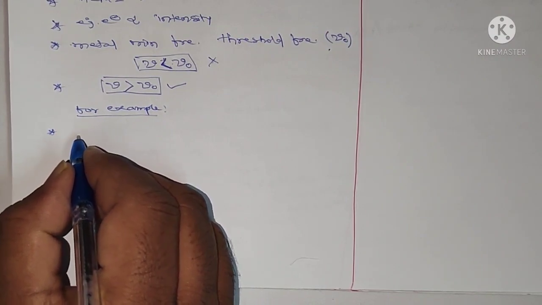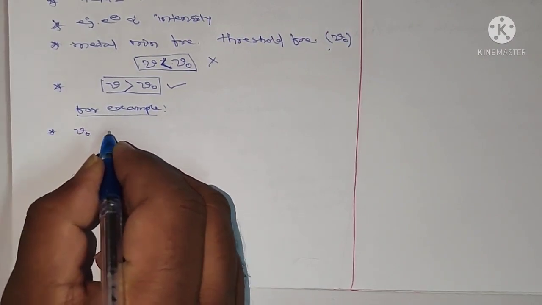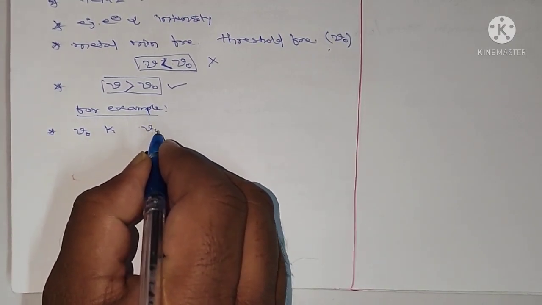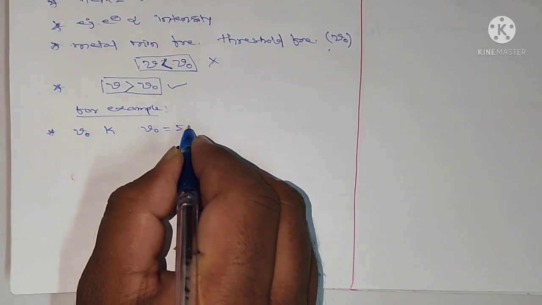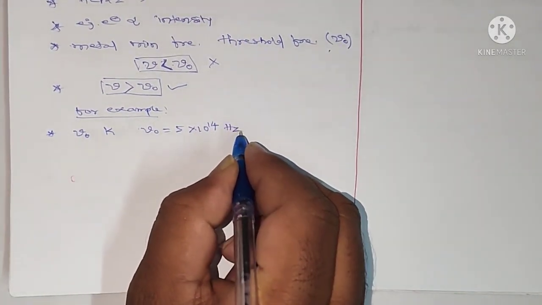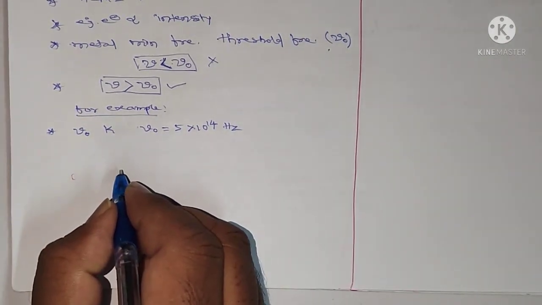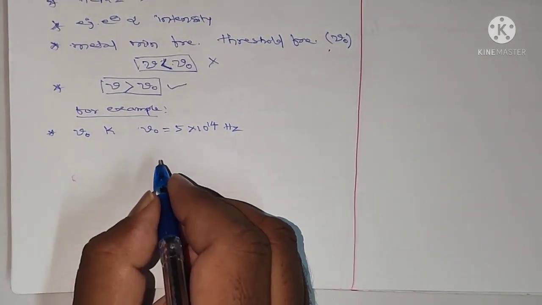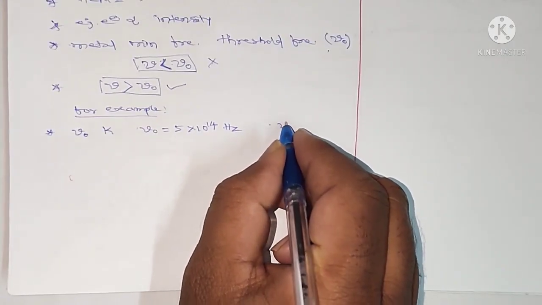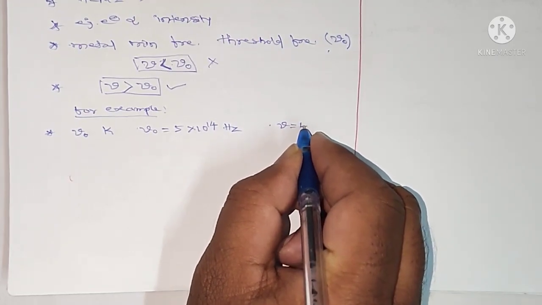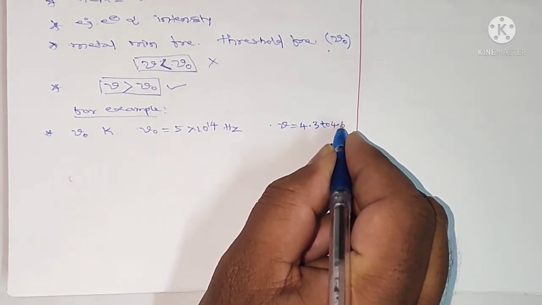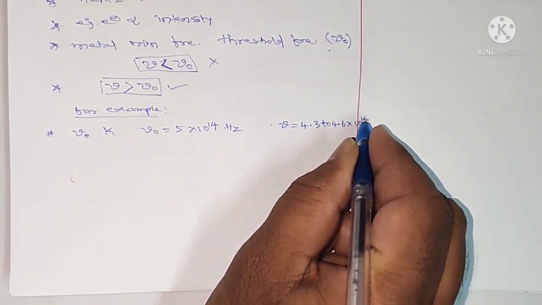The threshold frequency mu naught for potassium metal is mu naught equal to 5 into 10 to the power of 14 hertz. And electrons are not ejected by using the red light, because the red light frequency is mu equal to 4.3 to 4.6 into 10 to the power of 14 hertz.